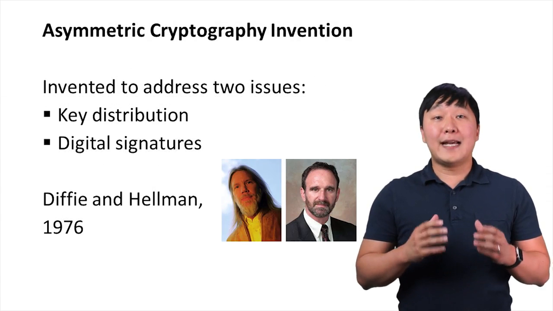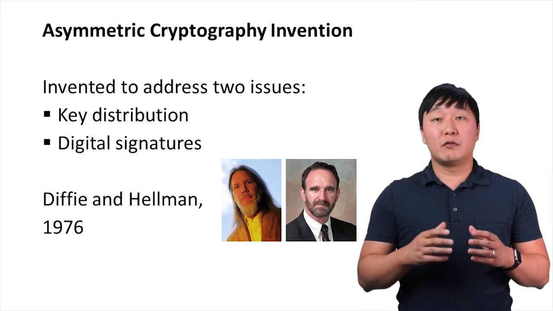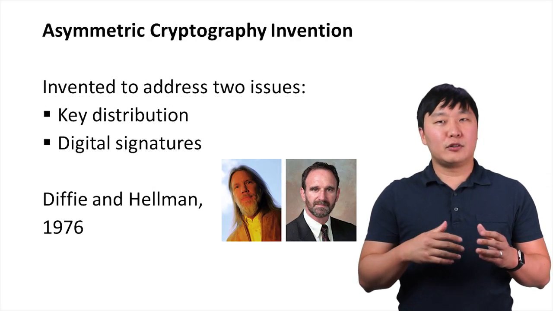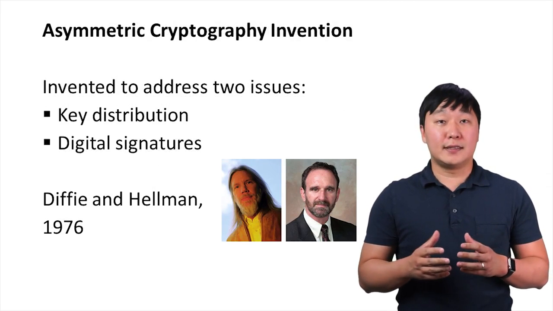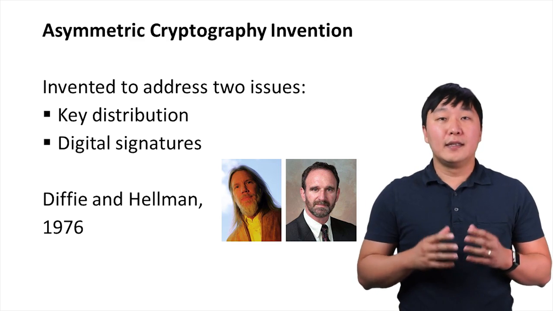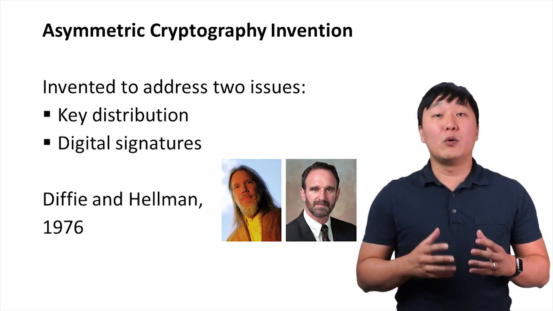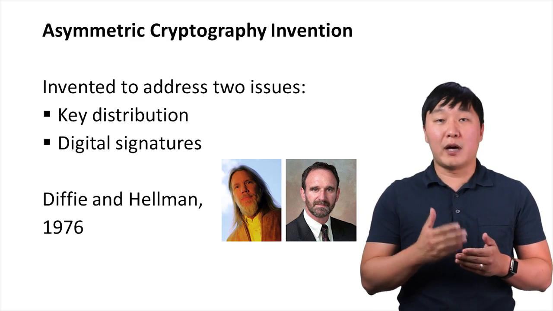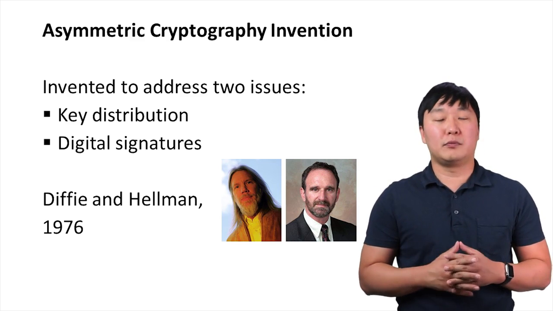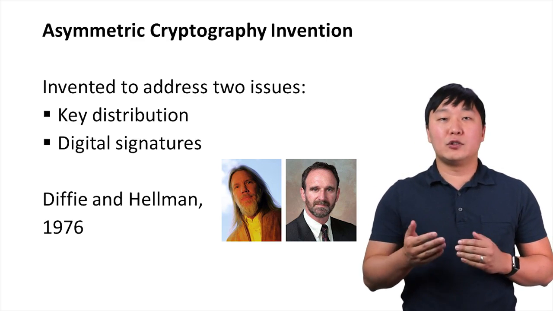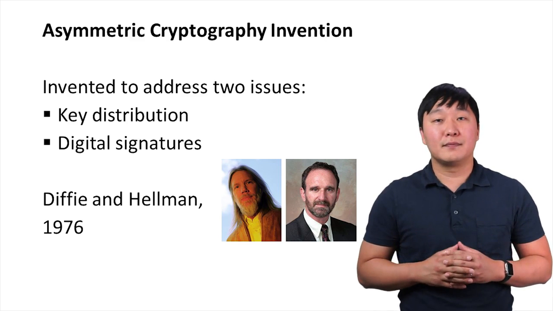The concept of asymmetric cryptography arose from the real-world issues that symmetric cryptography could not sufficiently address. More specifically, asymmetric cryptography was motivated to solve the most difficult problems associated with symmetric cryptography, which are key distribution and digital signatures.